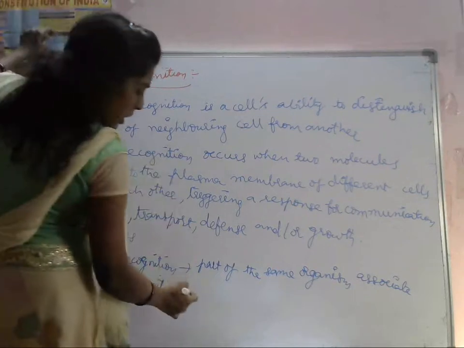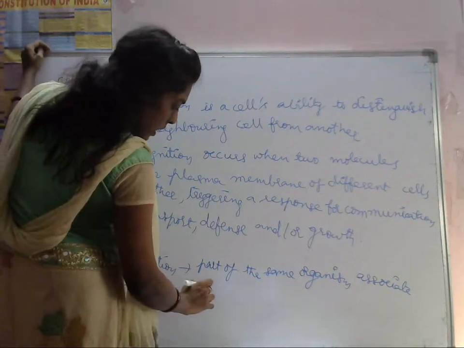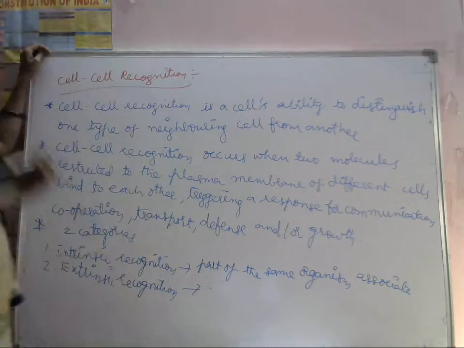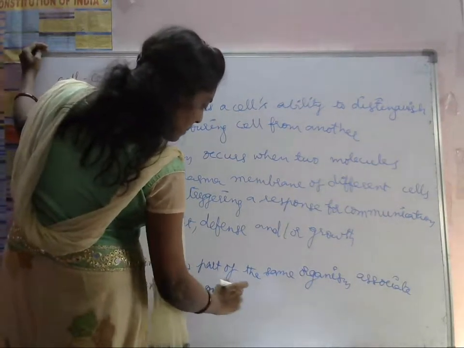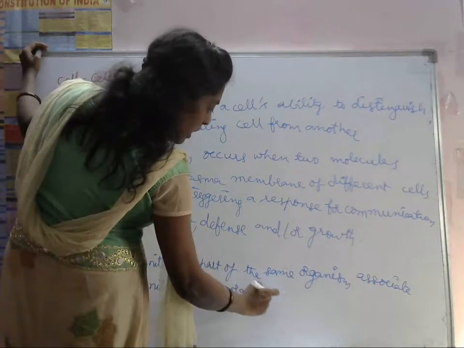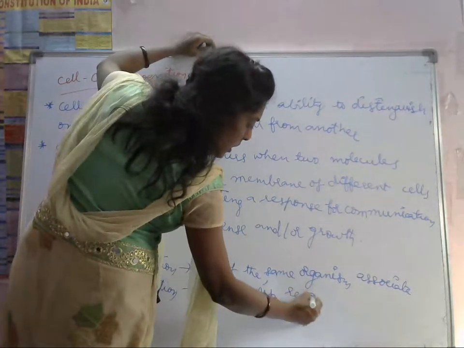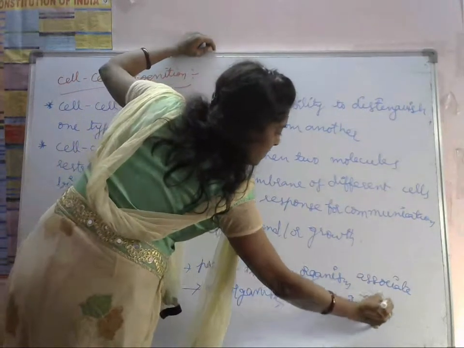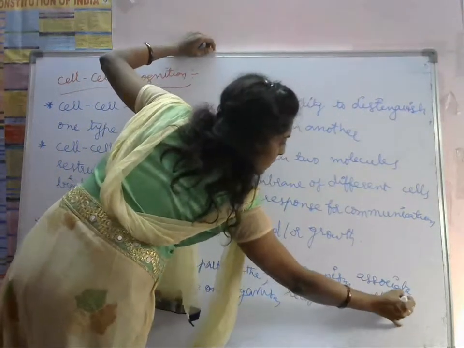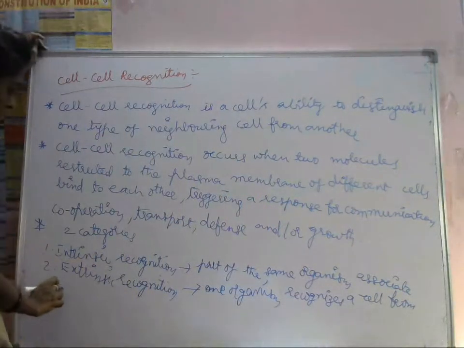If it is from the outside, another organism, then extrinsic is the type where a cell of one organism recognizes a cell from another organism.